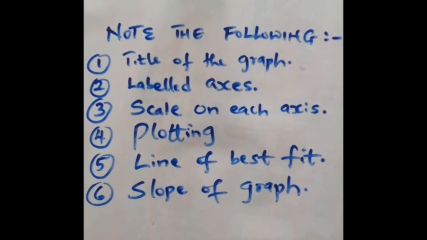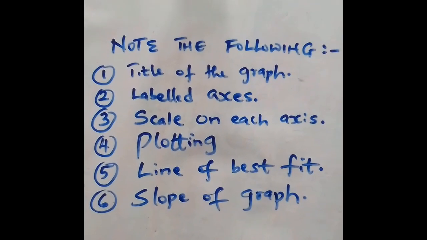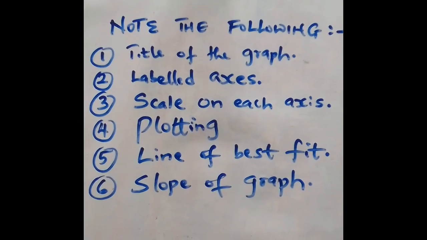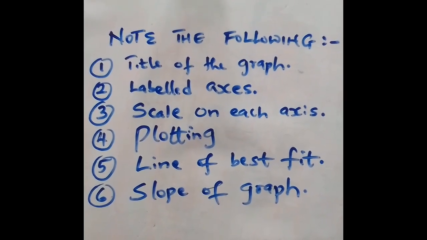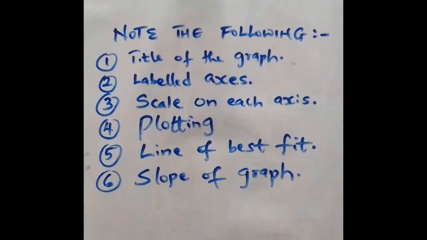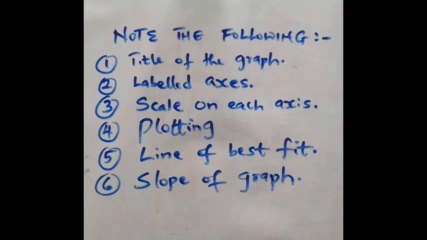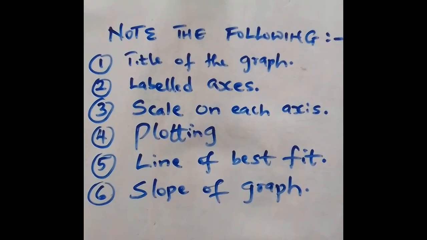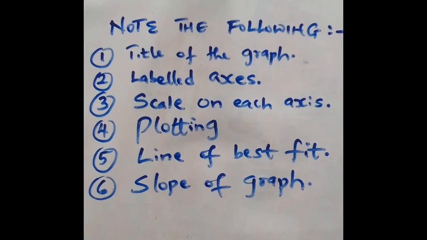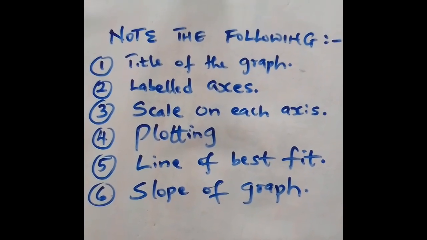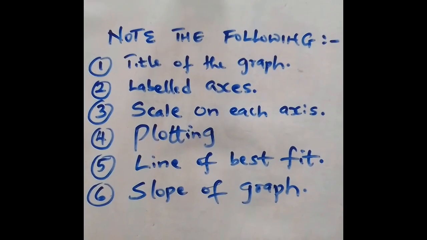Then number 4, you now do your plotting of each of the points. Then after that, number 5, you draw your line of best fit across your points. Then you look for the slope and every other necessary question as required.